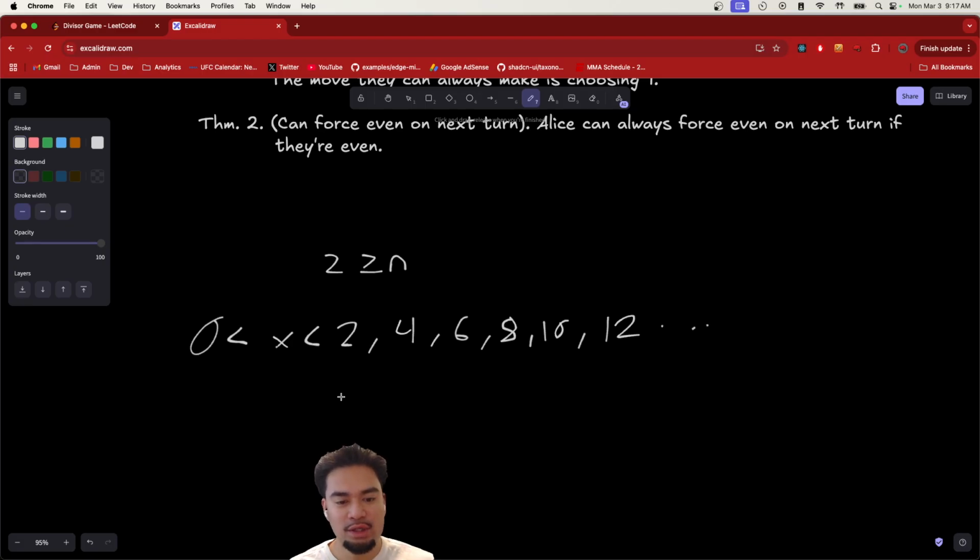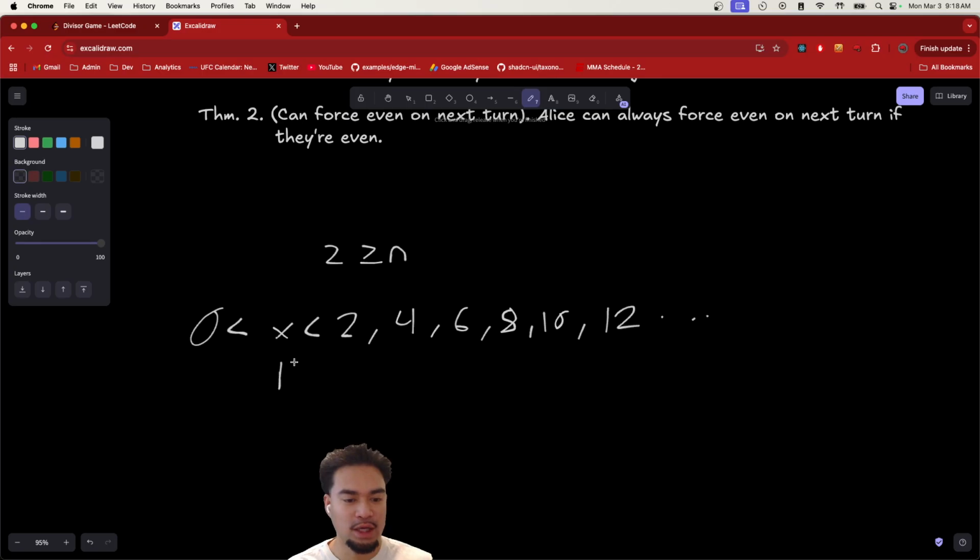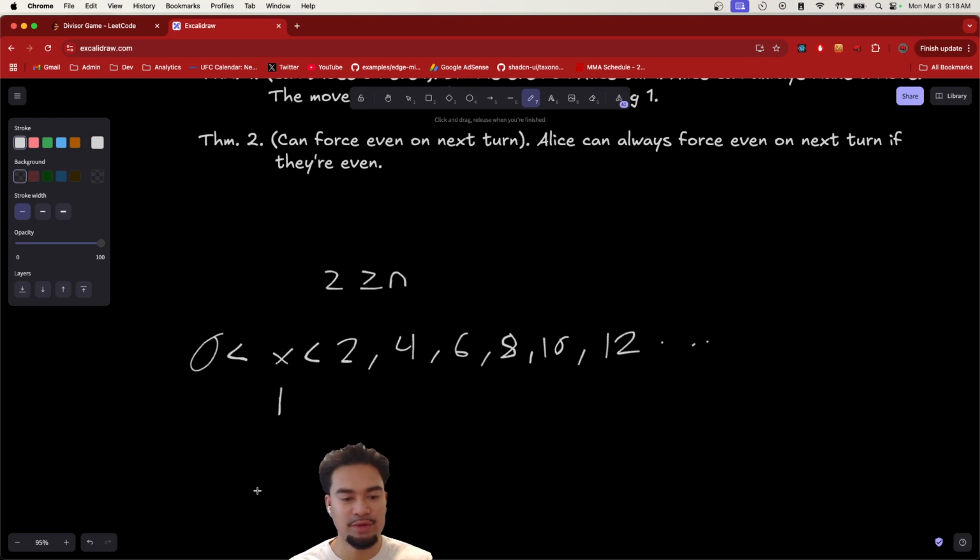Since 1 is between 0 and 2, and 2 is less than 4, 4 is less than 6, by transitivity, 1 is also in between 4, 6, 8, 10, etc. So you can prove that using transitivity.